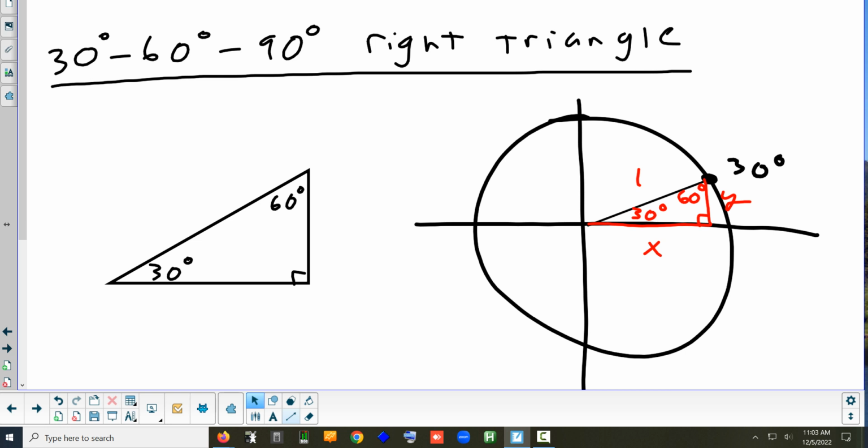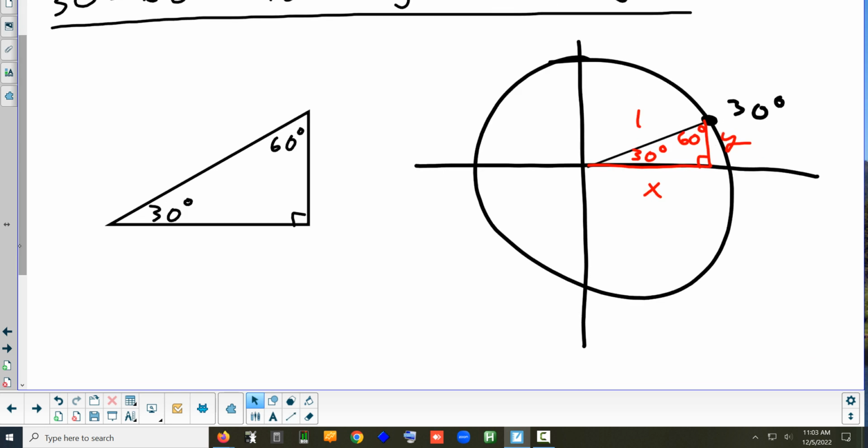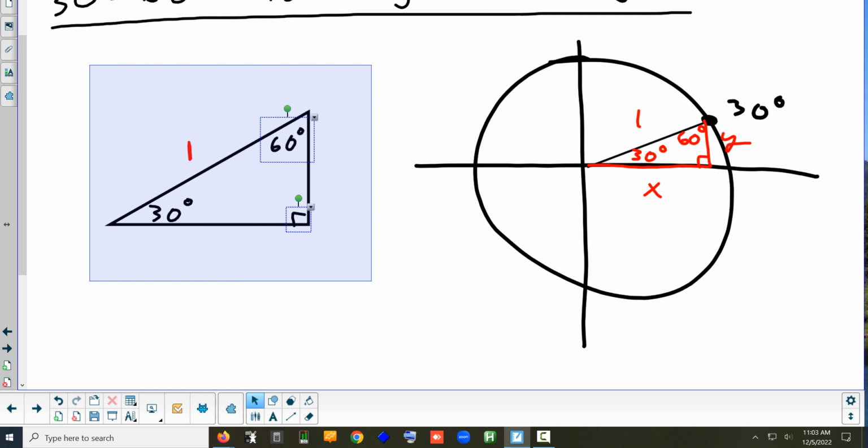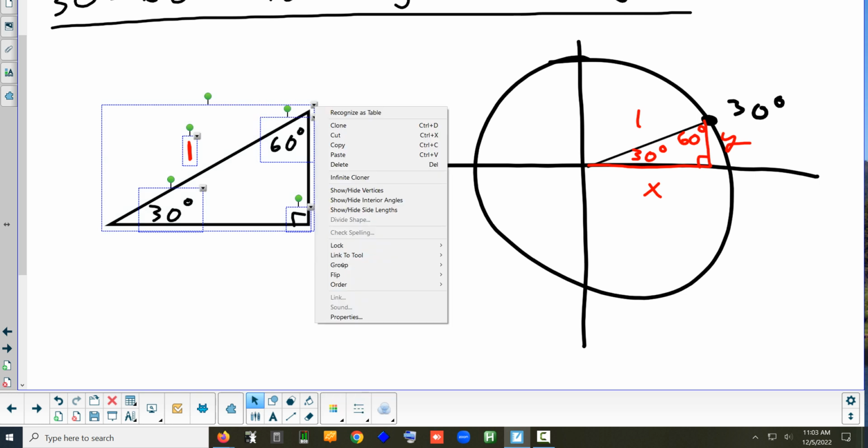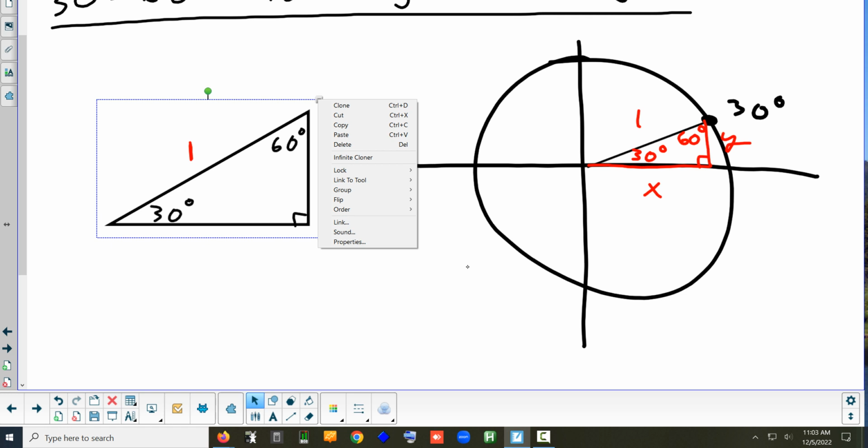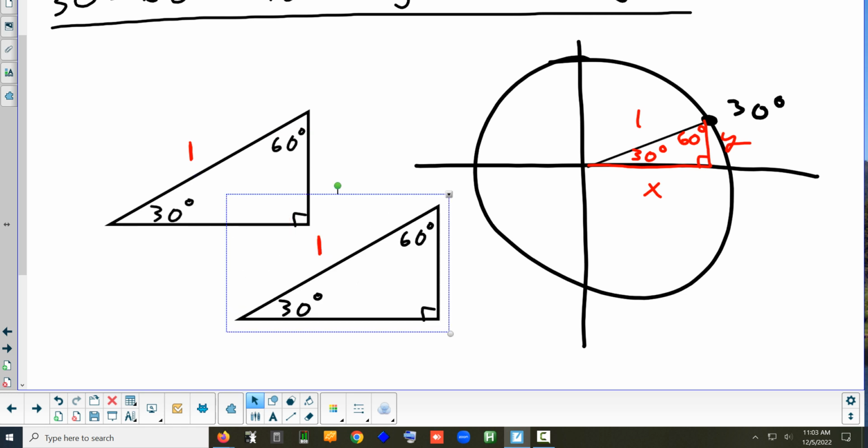So we're going to have to use Pythagorean theorem, but we've got to figure out one of these other variables a different way first. And I know this is 1. So this is my hint. Okay, let's go like that. And let's go like that.